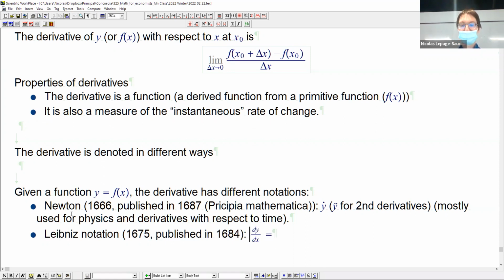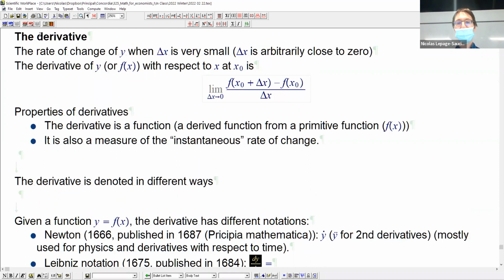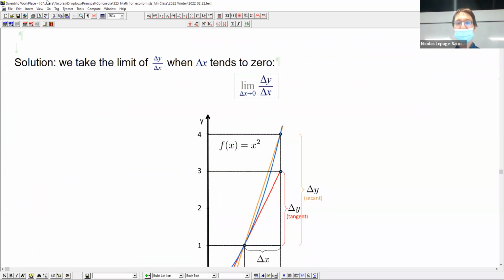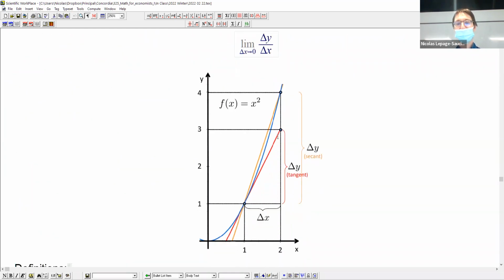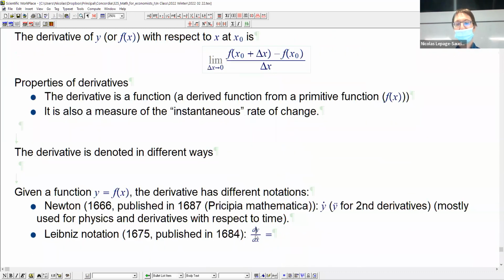So we note it this way, dy dx. Note that it's almost like delta y over delta x. We just say that d is very, very small. Or you could also write d over dx of anything. For instance, you could write this for f of x.